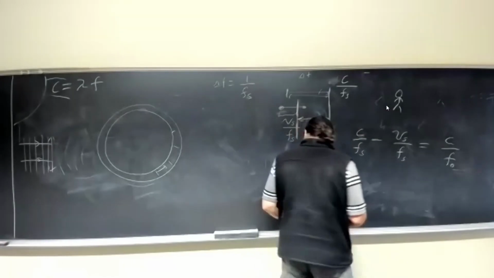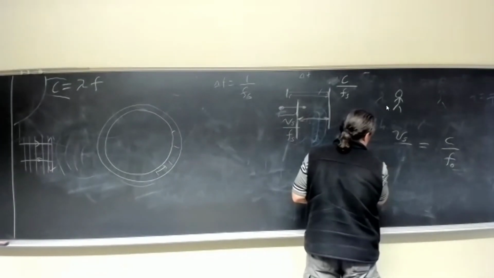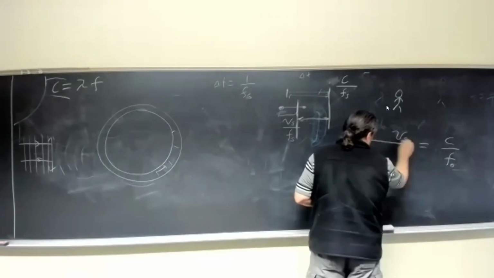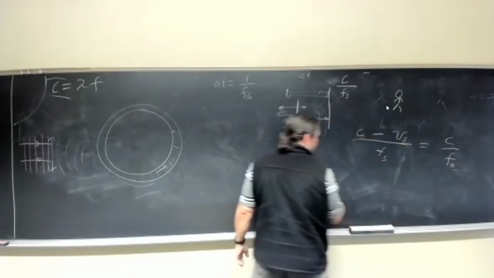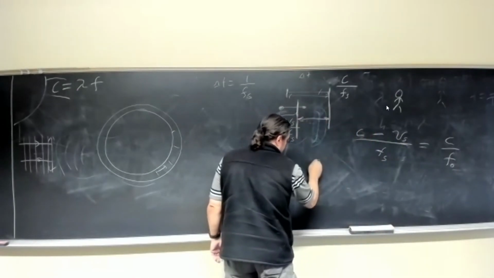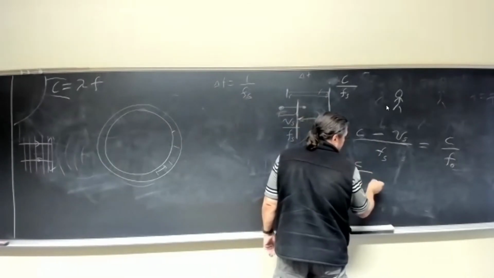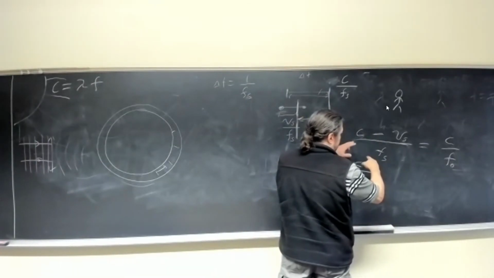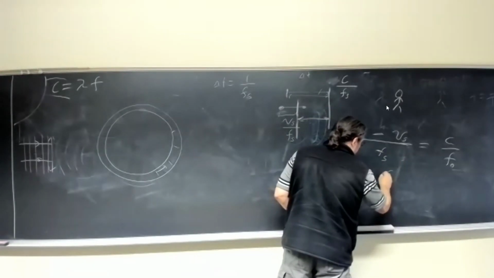Right? So now I just do simple blackboard algebra and write it this way. And after that I invert those two formulas, and what I have is the frequency of the observer equals c divided by c minus vs times the frequency of the source.